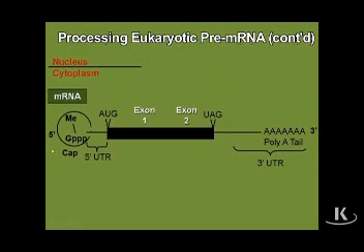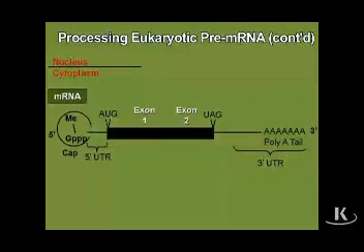This is what the mature messenger RNA molecule would look like. It's now ready for translation. It's been capped, it's been polyadenylated, and it's been efficiently spliced. The exons have been linked together. So, now at this point, the ribosome is going to be free to bind to the messenger RNA to initiate translation. So in order to do that, the ribosome is going to look for this 7-methylguanosine cap.